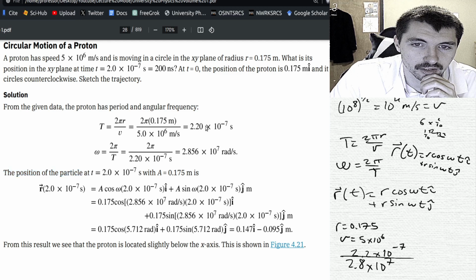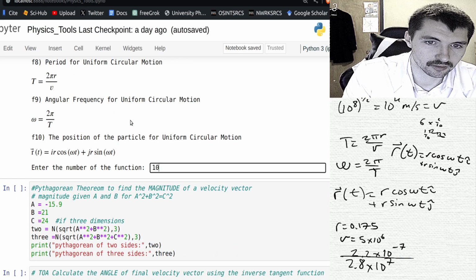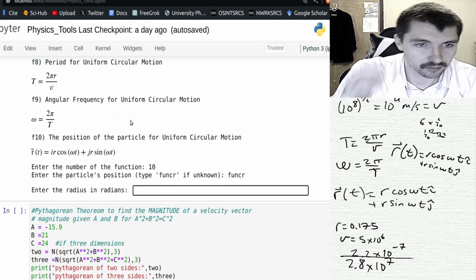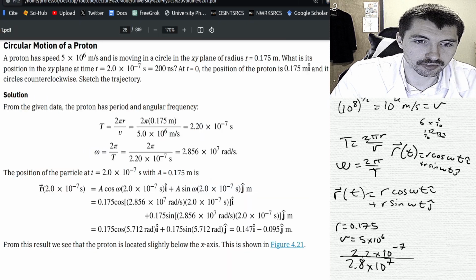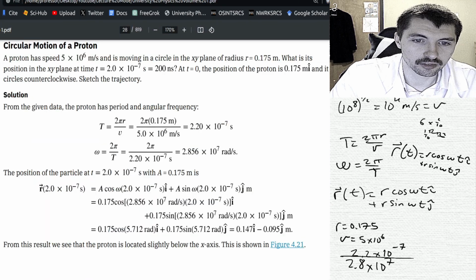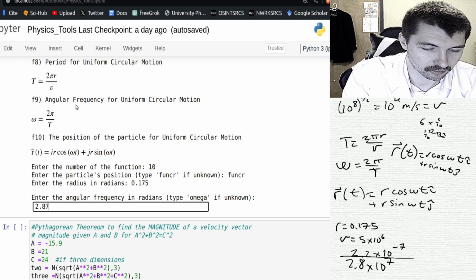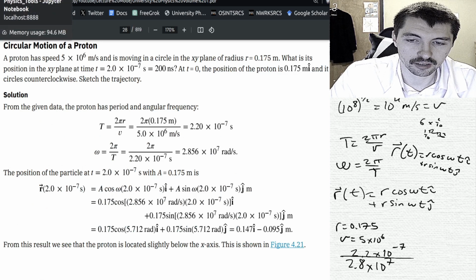Okay, let's try that again. Radius is 0.175. Angular frequency 2.856. Time 2.2 times 10 to the negative 7.